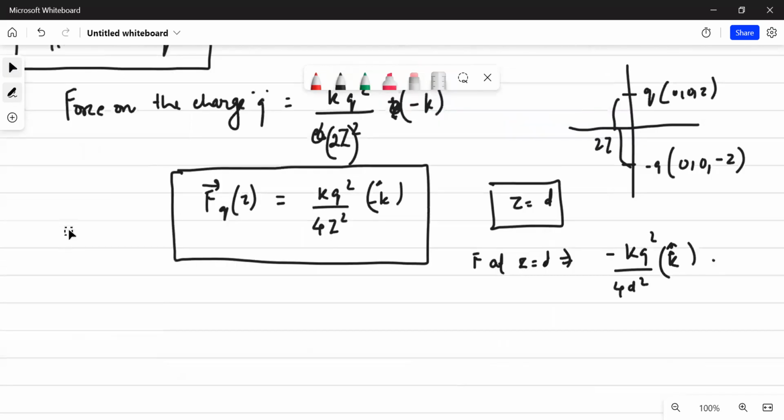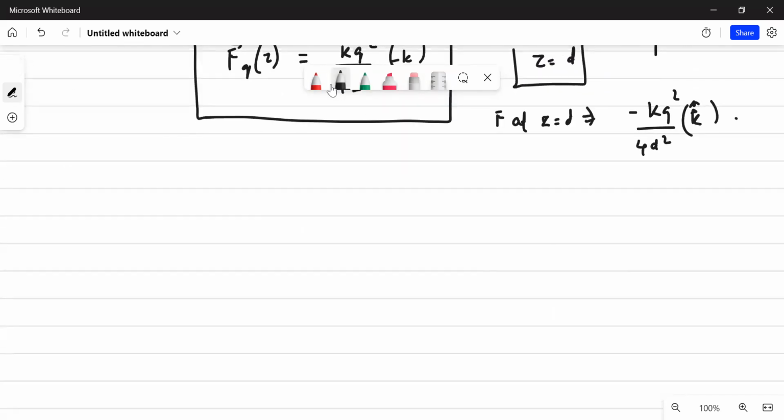Okay. Now, what one can further do is also find the work done, or rather, what is the energy of this?